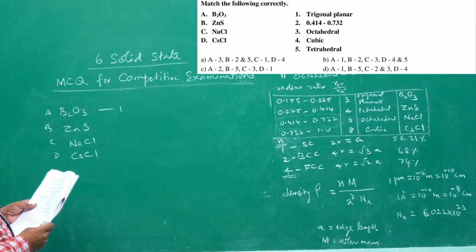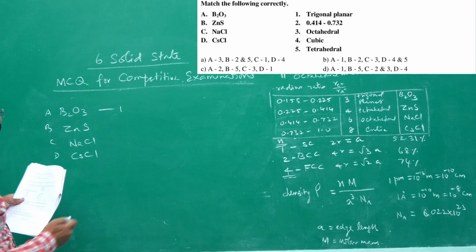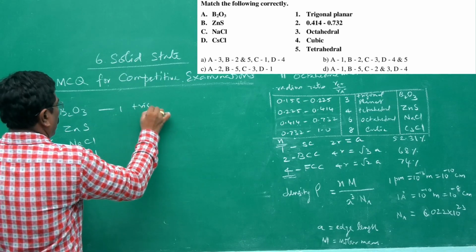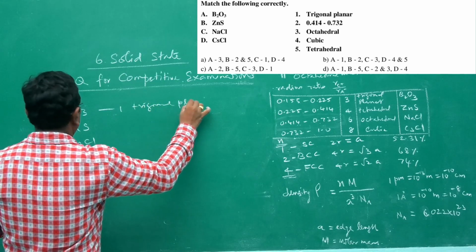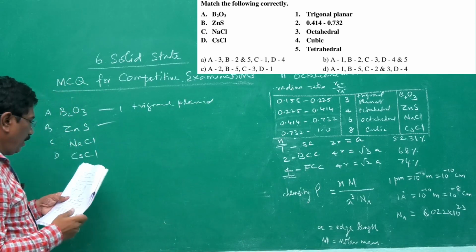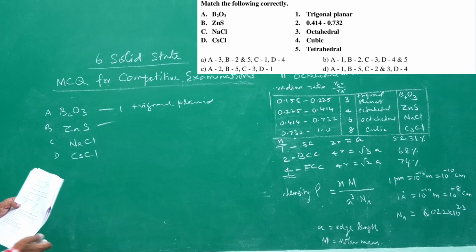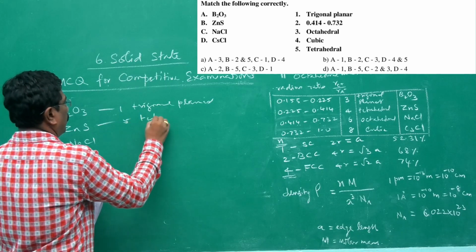That is true. So option 1 for B2O3, trigonal planar. And for zinc sulfide, it may be tetrahedral, which is given in option 5, tetrahedral.